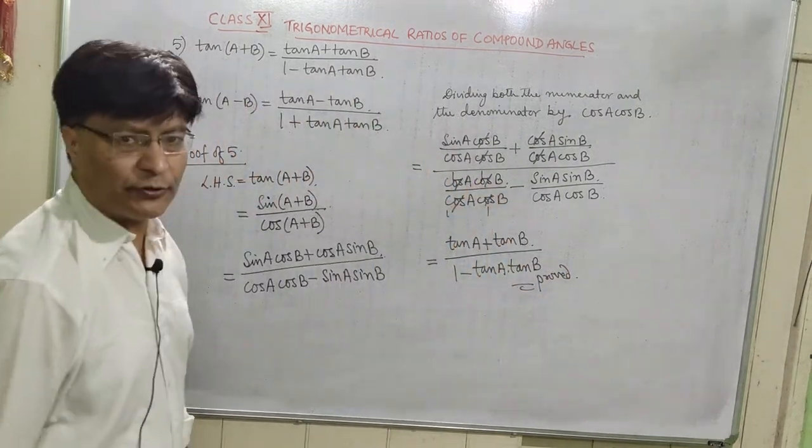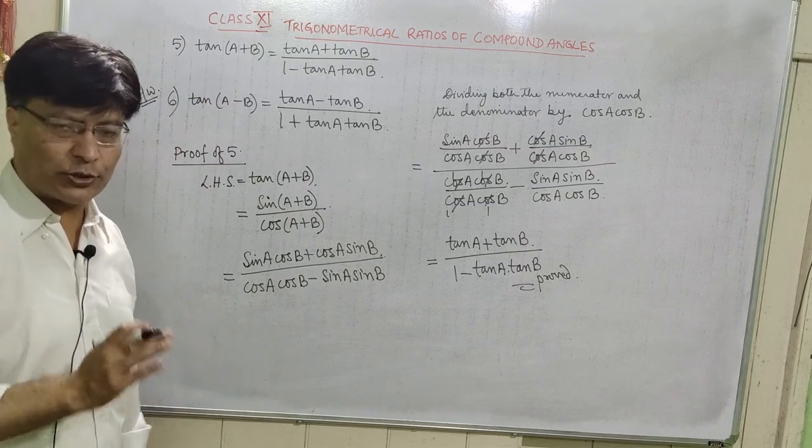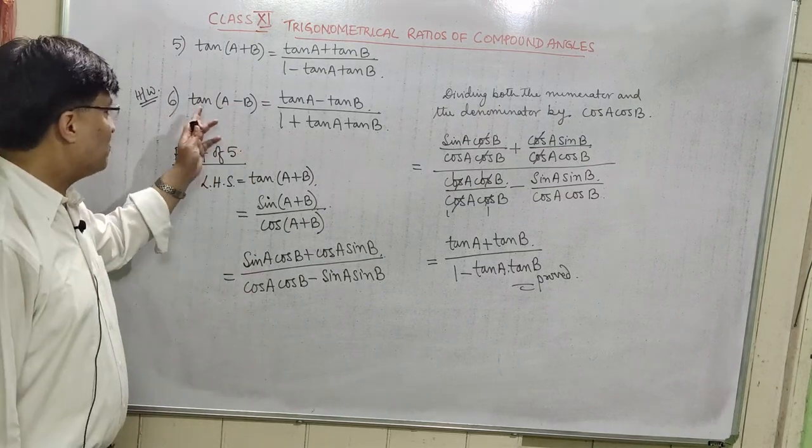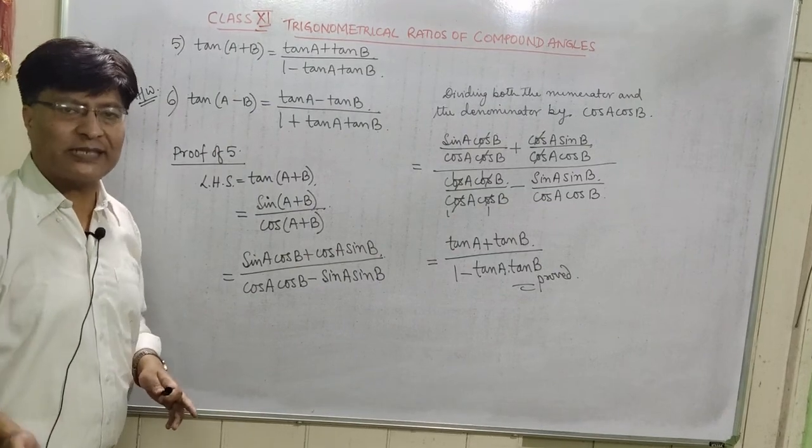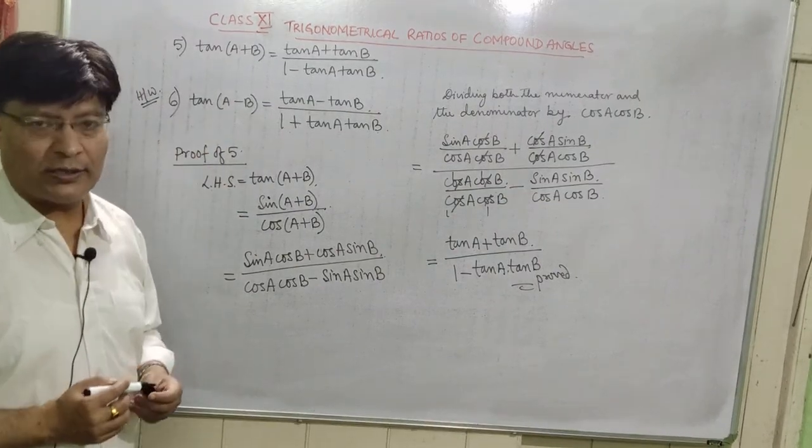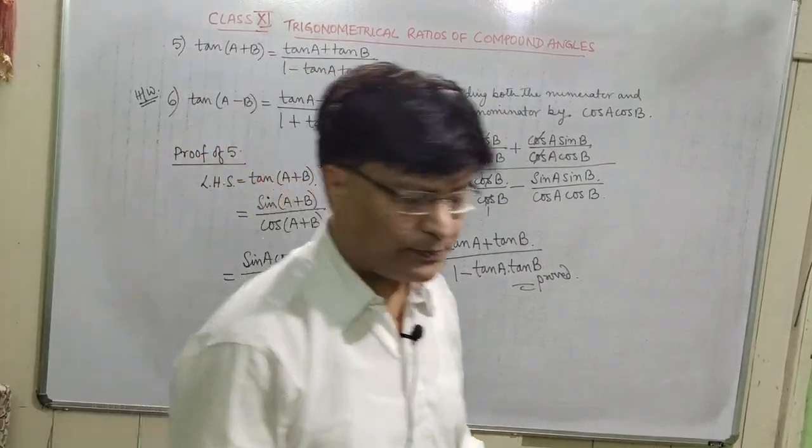So is that clear to all of you? So I think you have understood it. So you can copy it. So you can prove this formula number 6. That is your homework. Okay. So you can copy it.